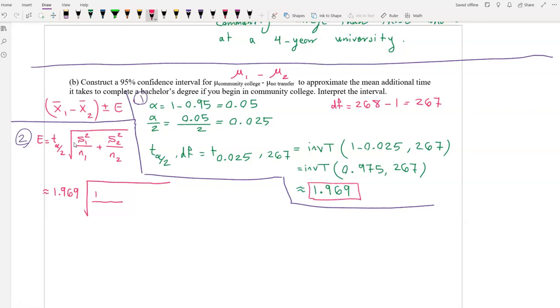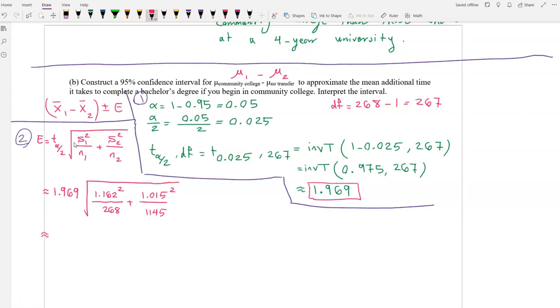Our standard deviation, 1.162 squared divided by 268, plus 1.015 squared divided by the sample size for the second group.